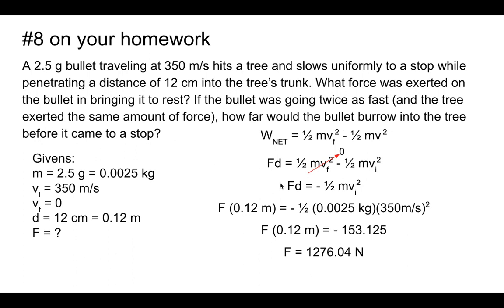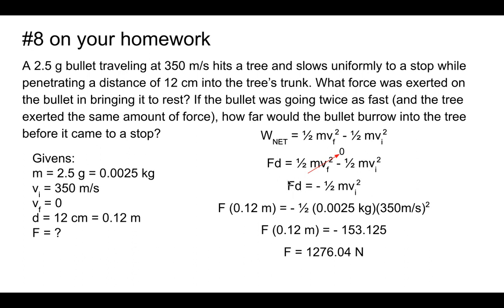If we look at this equation right here, we can see that if it was traveling twice as fast, I would be doubling this initial velocity. If I double initial velocity, what I'm really doing to this whole term is quadrupling it, because I have to square it. So we are doubling the initial velocity, but that whole term gets squared, so we're quadrupling the amount of work that's done.